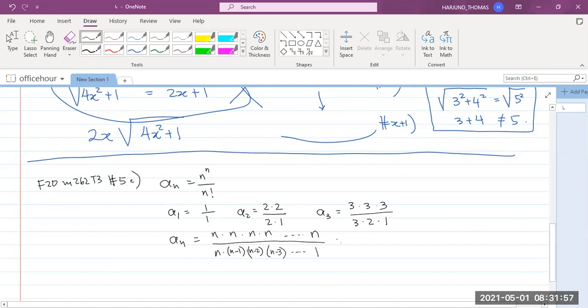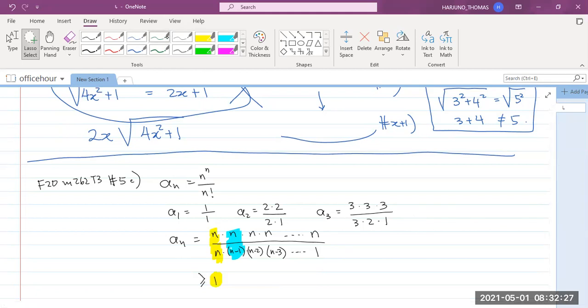Now, notice that this is greater than, you pair it this way. This is 1. Now, how about n divided by something less than that, but positive? It's greater than 1. You can see that here. Maybe I color that blue.